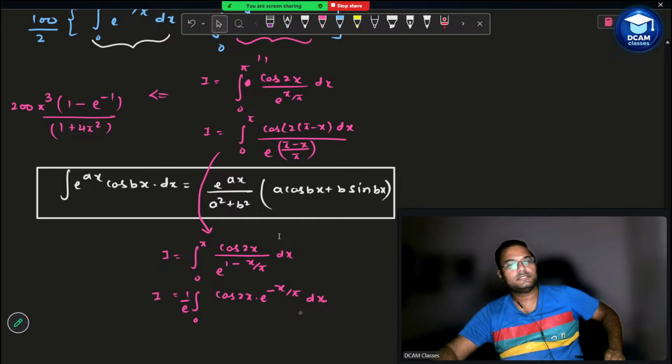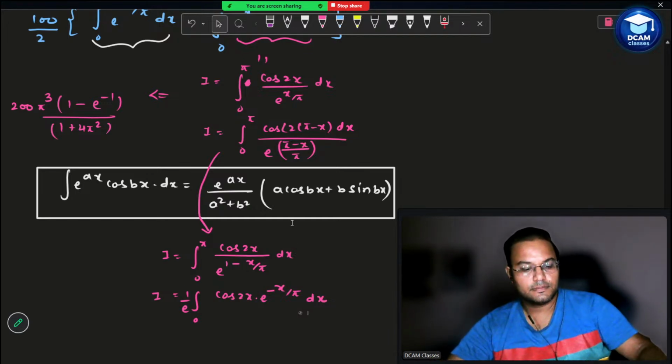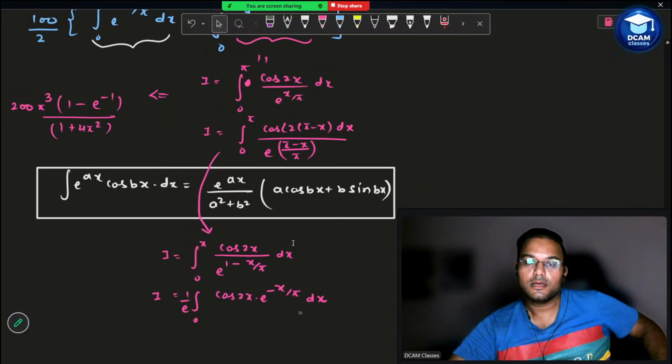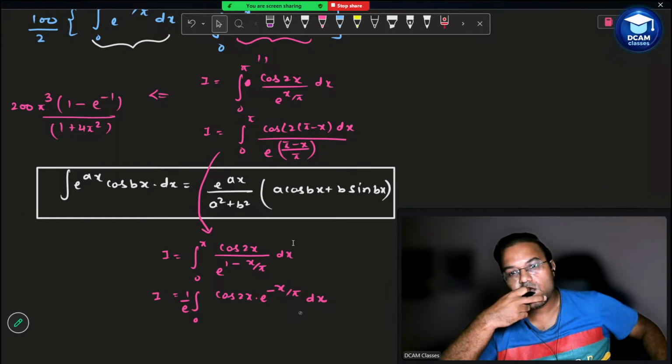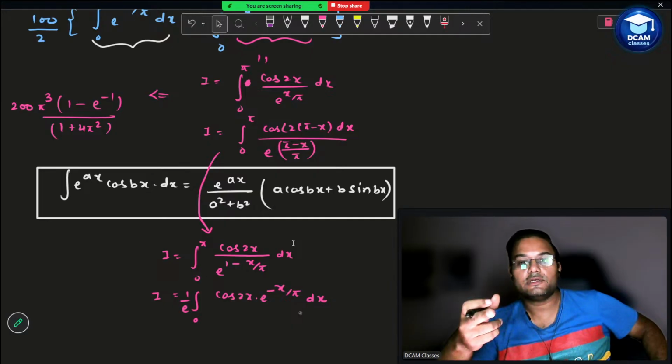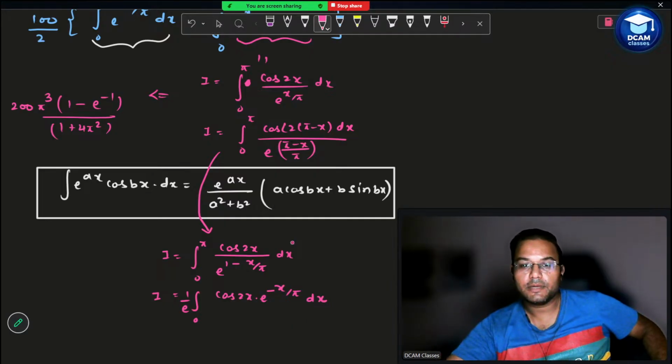But it did not simplify our problem. It didn't simplify our problem, Samrat. Okay, it was positive, it is negative. It is negative, so it became positive.